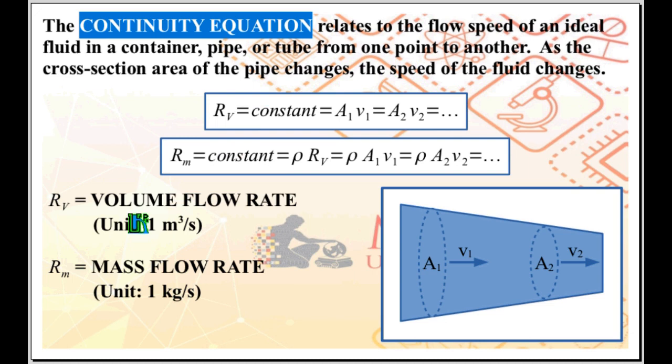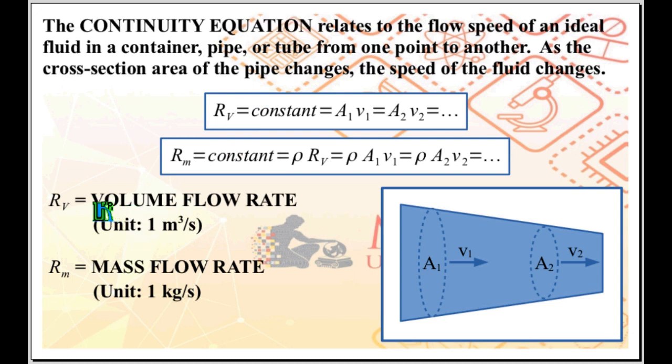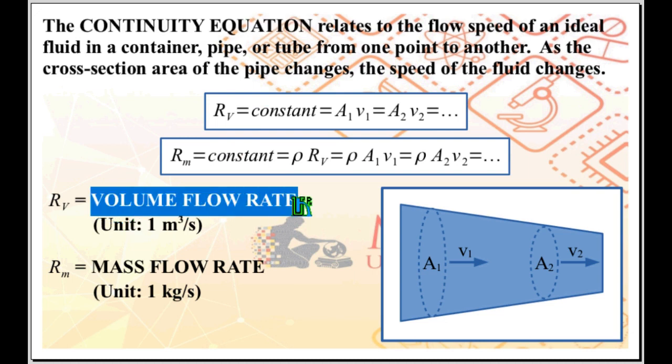R sub V, which is the volume flow rate of the fluid, unit cubic meter per second, is the amount of volume flowing through a particular point in the container per unit time. So let's say you have a container. Say at this location, the cross-section area is A1.